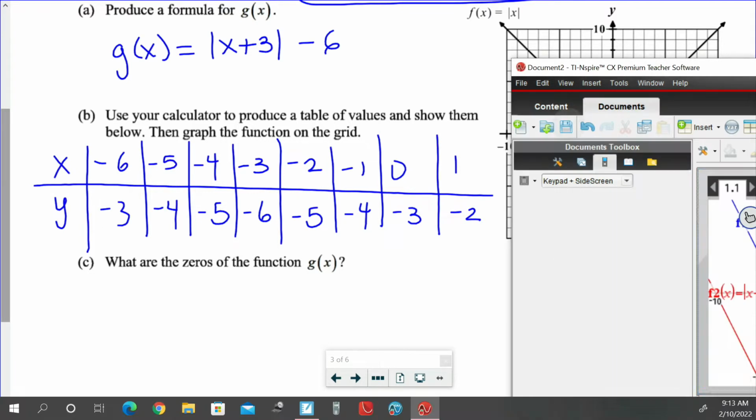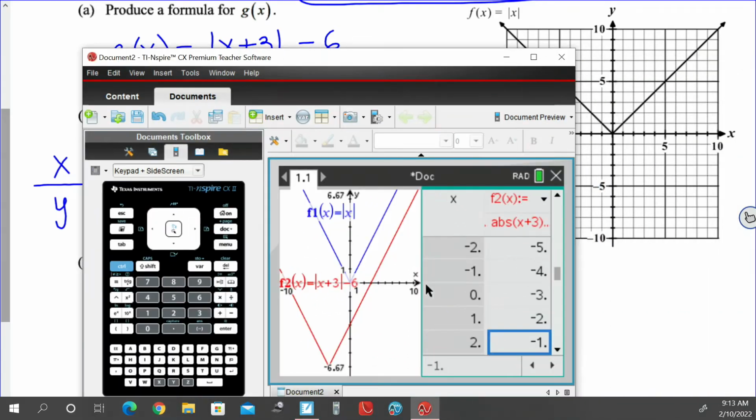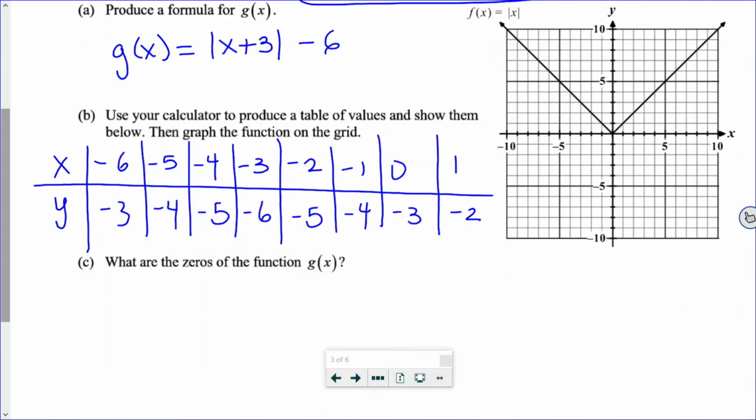All right, I'm going to put it back on this, and we'll minimize that, get it out of the way, and let's do some plotting now. I go to -6, -3, -5, -4, -4, -5. Starts to sound funny after a little while.